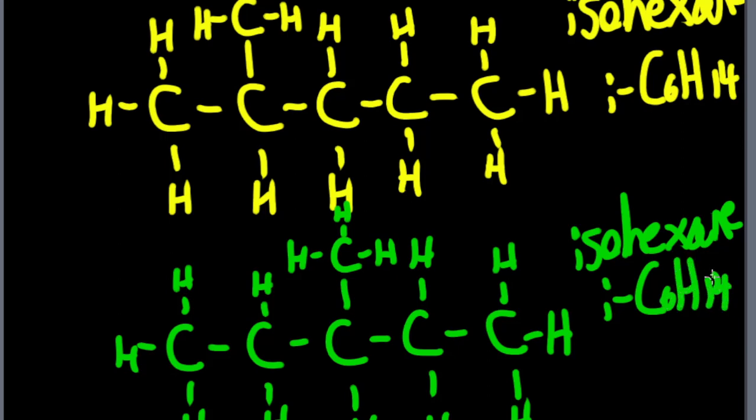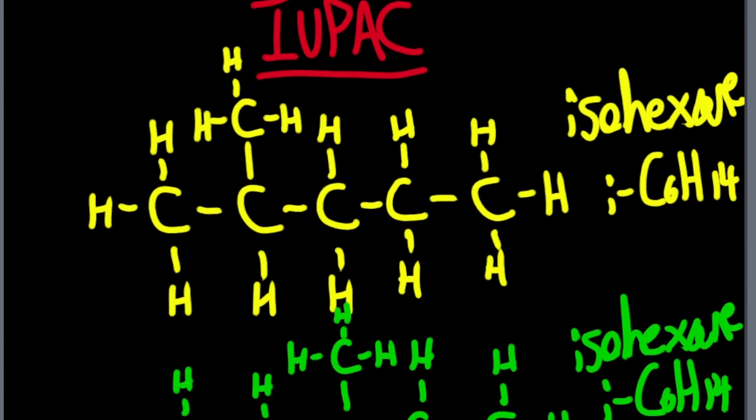But my issue is I've got a carbon here that's branched off. This is called a methyl. We're going to talk about methyl later on. I've got this on carbon number 2 in this chain.